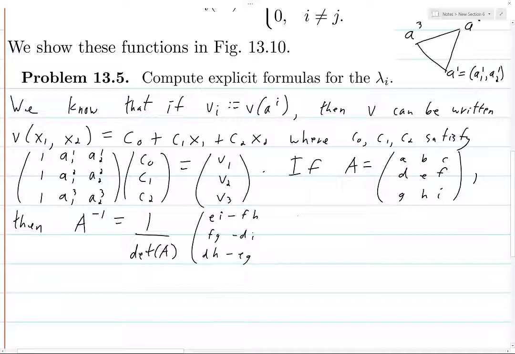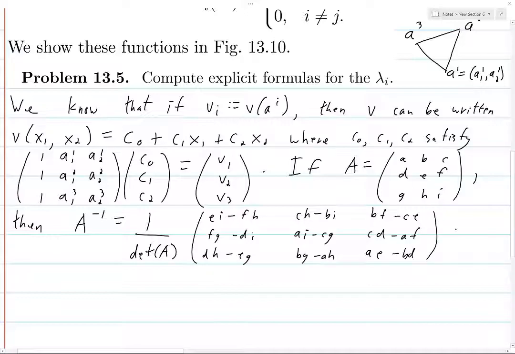So that's the first column. Second column, ch minus bi, ai minus cg, and bg minus ah. Third column, bf minus ce, cd minus af, and ae minus bd.